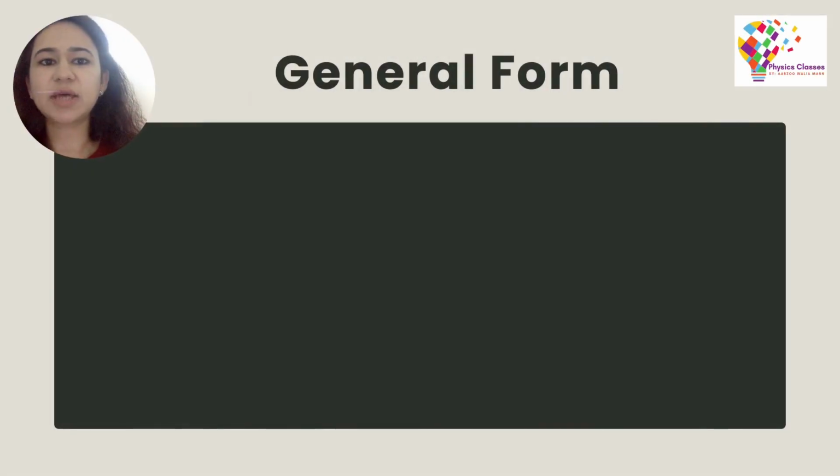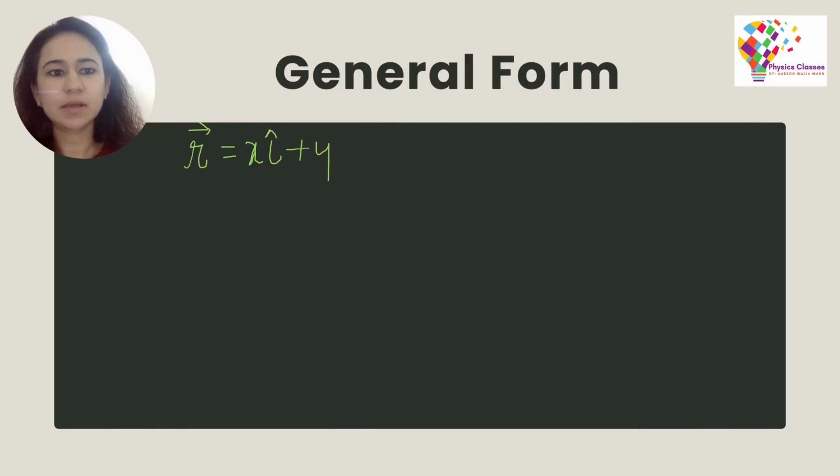Now let us try to understand the general form of a vector. Let's say I have a vector r, and this r can be represented as x i cap plus y j cap plus z k cap. Now these i cap, j cap and k cap represent unit vectors along the different directions.